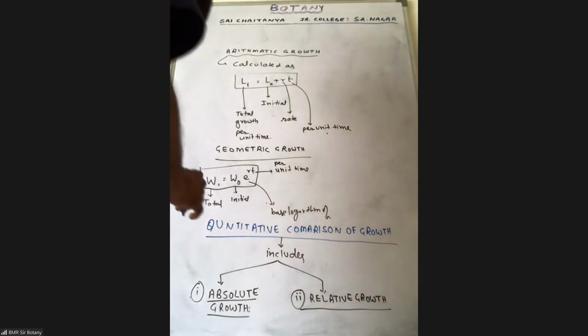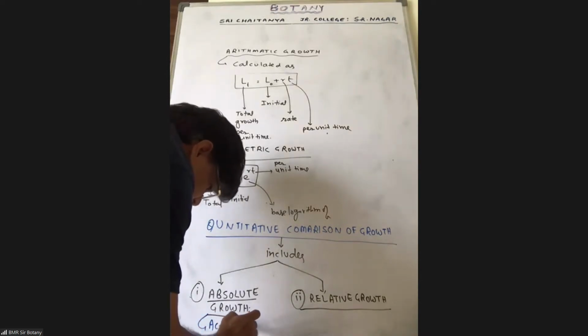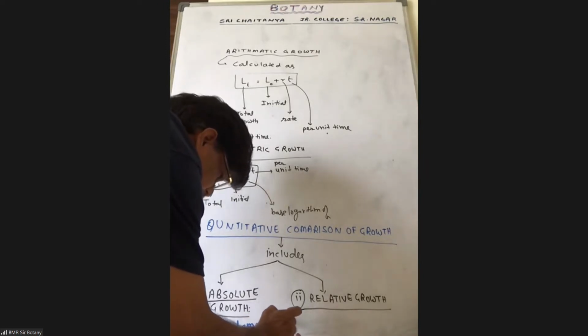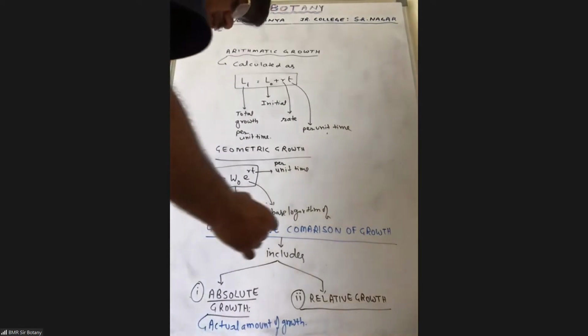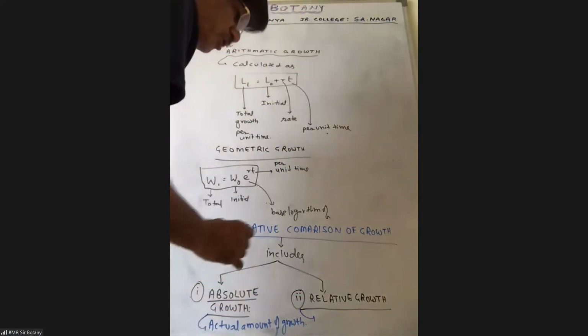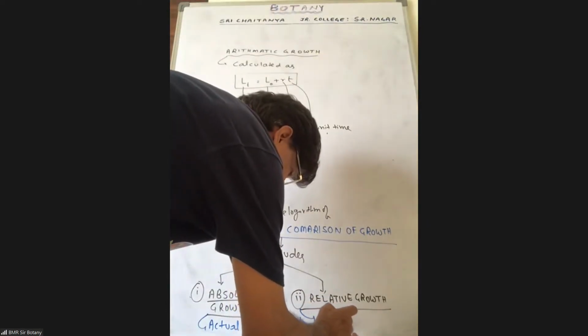Absolute growth is the actual amount of growth per unit time, whereas relative growth is growth per unit initial parameter. That is important.